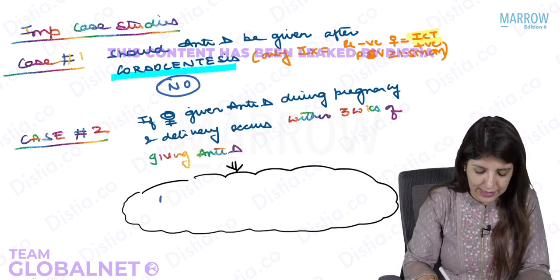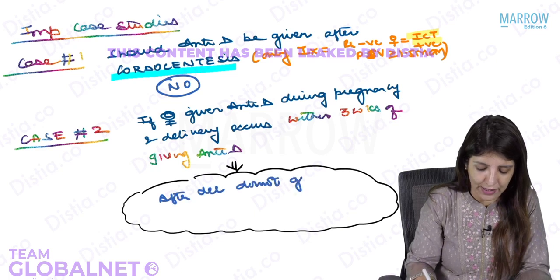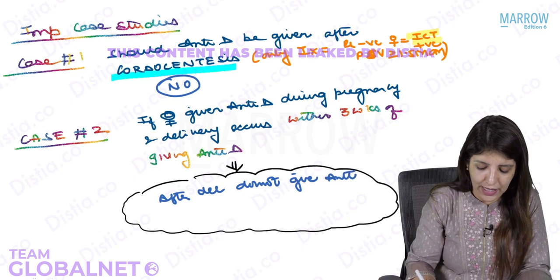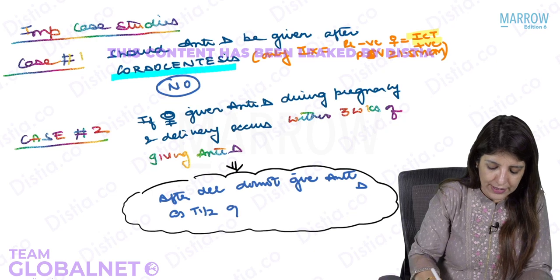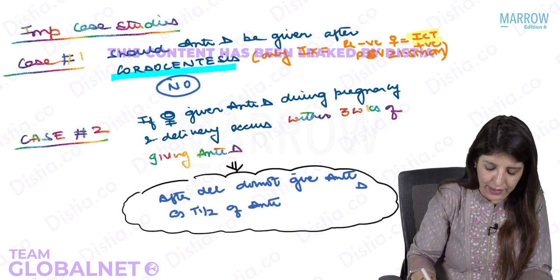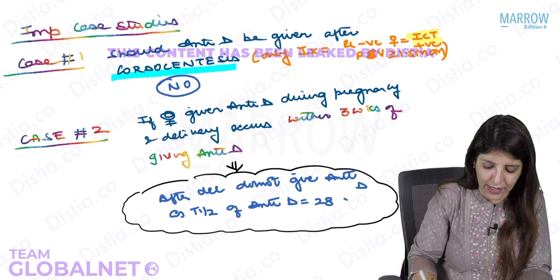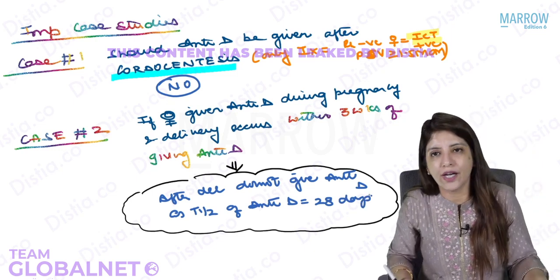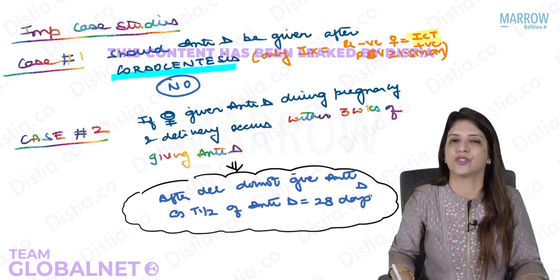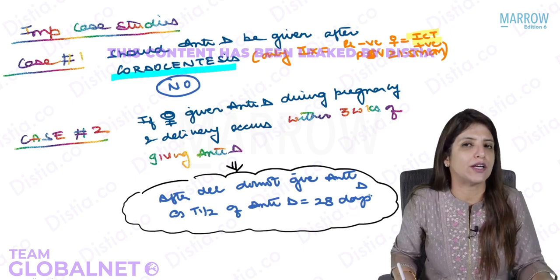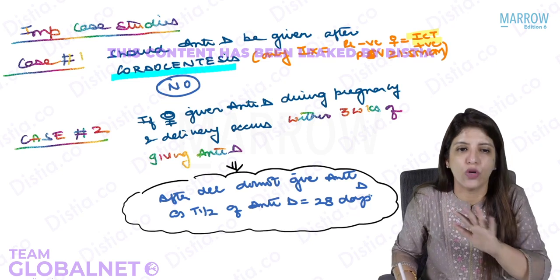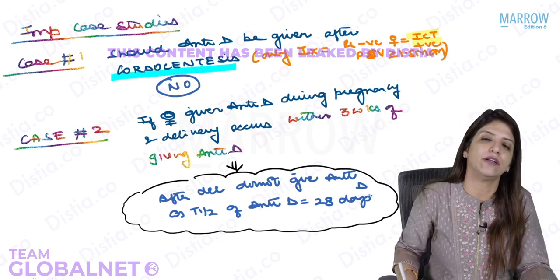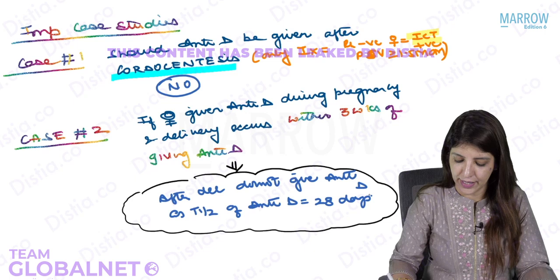In this case, after delivery, do not give anti-D, as the half-life of anti-D is 28 days. So already anti-D is present in mother's circulation. So if you've given anti-D to a pregnant female and within 3 weeks she delivers, then there is no need to give anti-D after delivery, right?